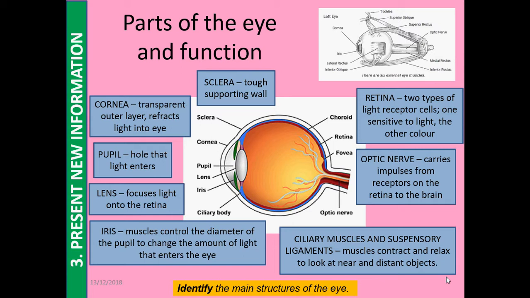We've got the ciliary muscles and suspensory ligaments, and muscles, remember, can only contract and relax. Okay, so they help us to change the shape of that lens so it changes the amount of refraction and therefore focusing on those near and distant objects.